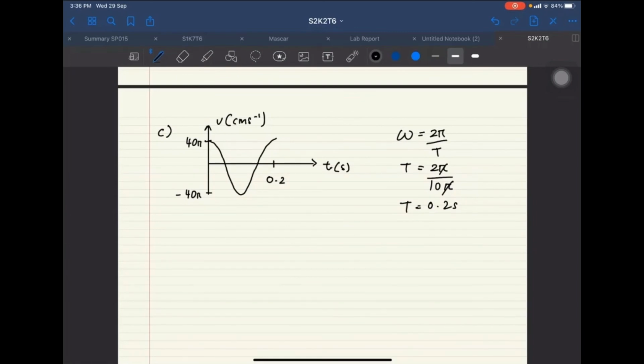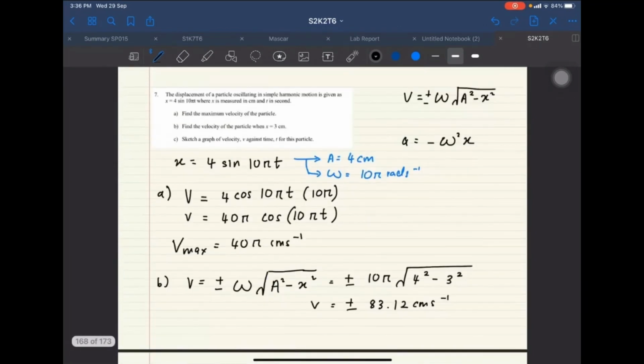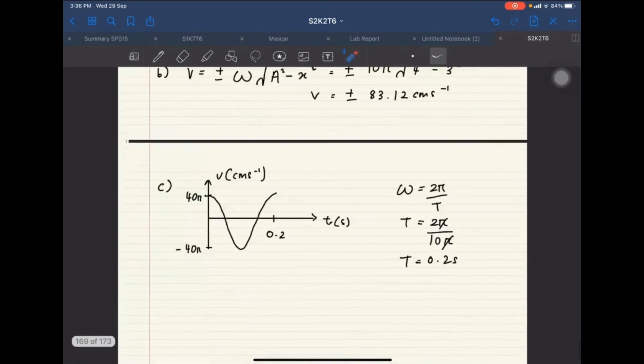Cuma jangan terlupa pula. So yang V ke X ni semua depends dengan unit amplitude ni. Kalau 4 tu dalam sentimeter, yang X ni dalam sentimeter. Kalau yang ni dalam meter, V ni pun dalam meter per second juga.